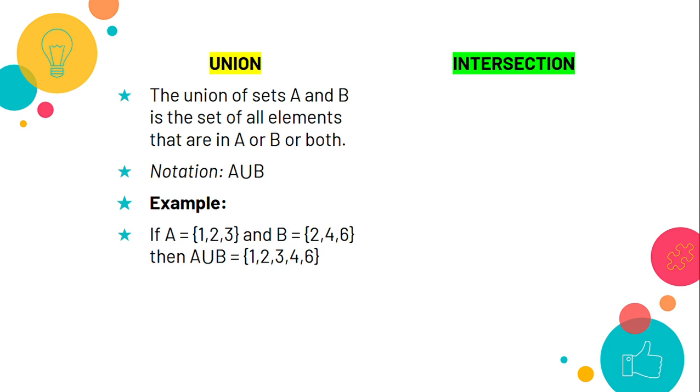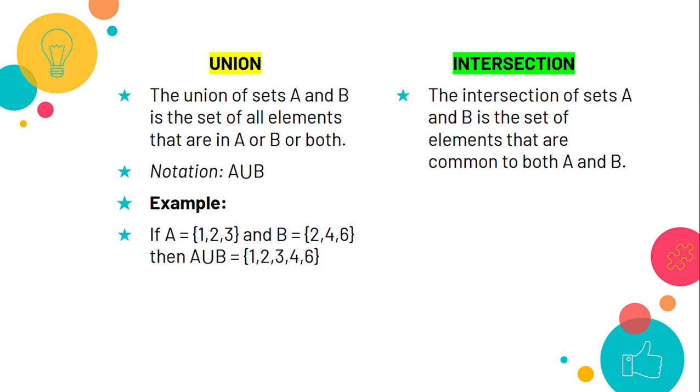Now, when we're thinking about intersection, as we mentioned several times before, the intersection means where the sets overlap each other. When we're finding the intersection of sets A and B, we're looking for elements that are common to both sets. Is that element in both set A and also in set B?